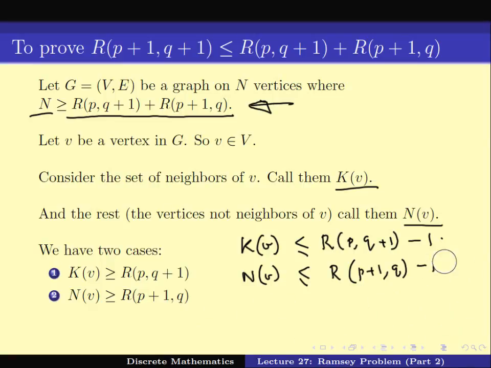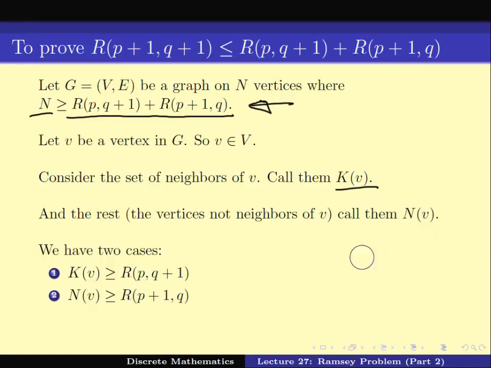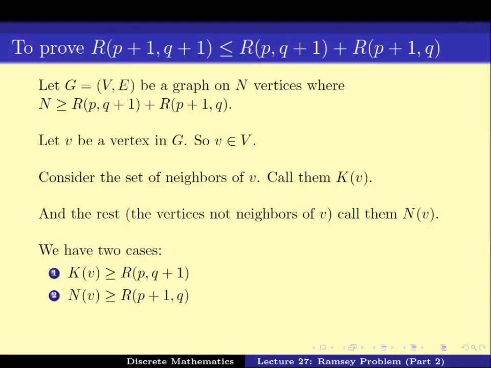Thus, we get these two cases, namely K_V is greater than or equal to R(p,q+1) and N_V is greater than or equal to R(p+1,q). And what do we have to prove?